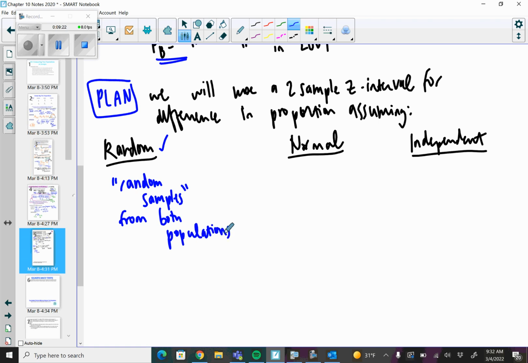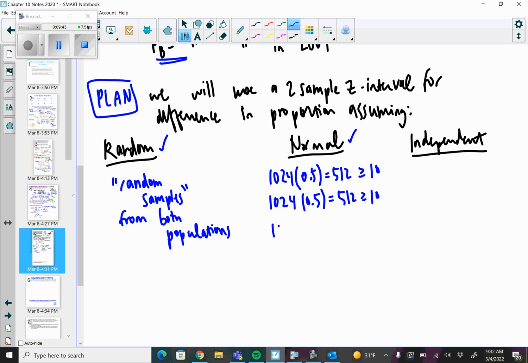For normal, we have to check our n times p. So 1024 times 0.5 is 512, which is greater than or equal to 10. And because it's 50%, same thing, 1024 times 0.5, 512, that's greater than or equal to 10.